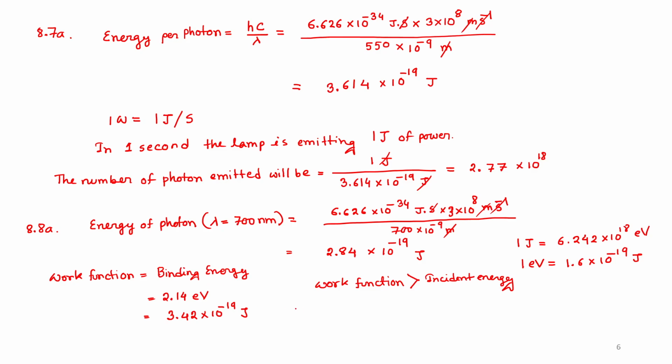But as you correctly told earlier, lambda equal to 300 nanometer has a higher energy. So let us see what will be the energy of the photon with 300 nanometer. I'll write it directly, as you already have the equation hc by lambda, right?